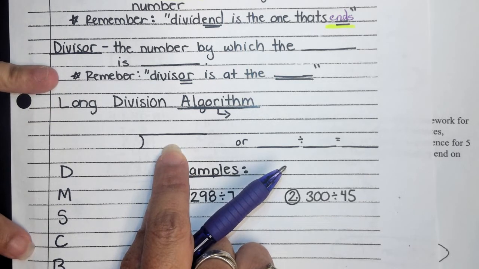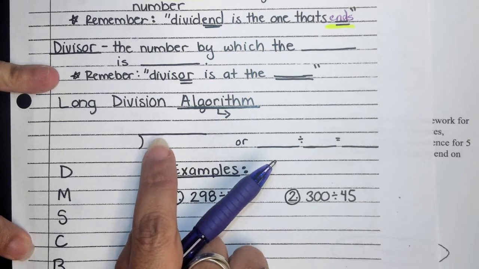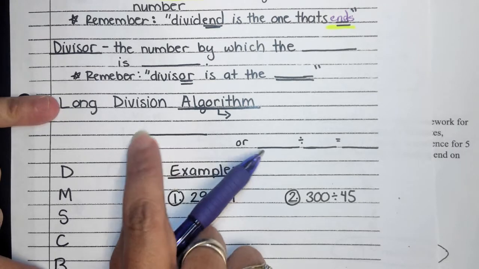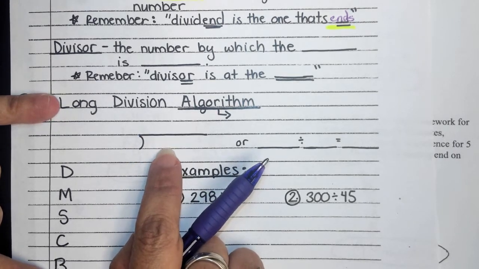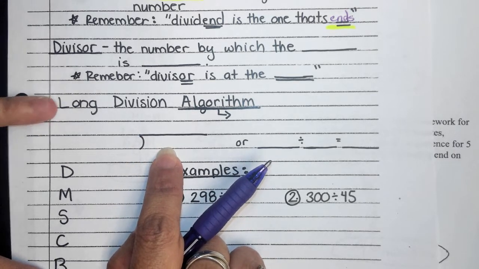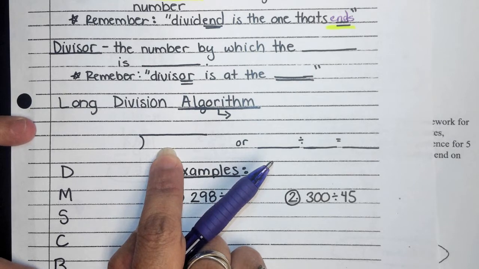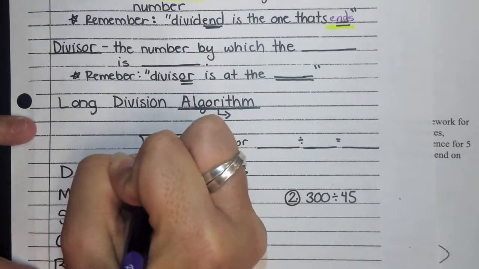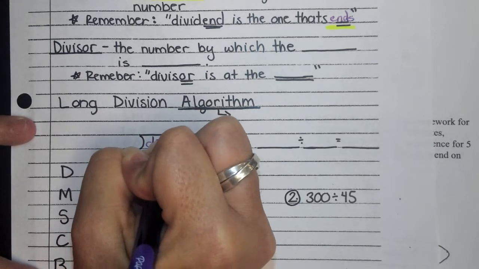It is just a way of dividing. These words that we were just talking about are all in here. Which one is in the house? The dividend or the quotient? The dividend, yes.